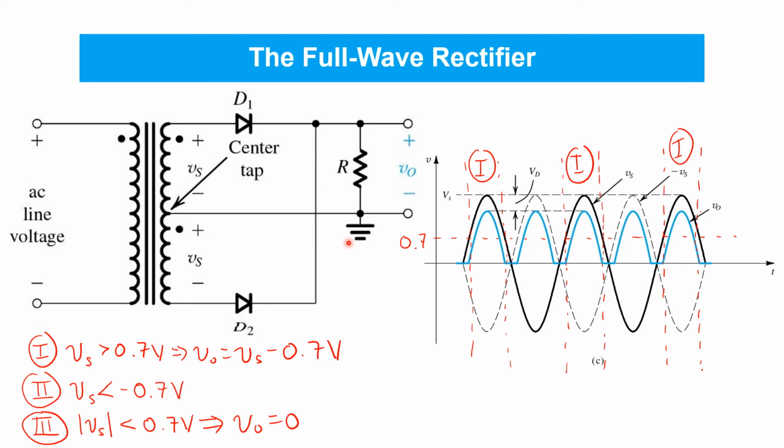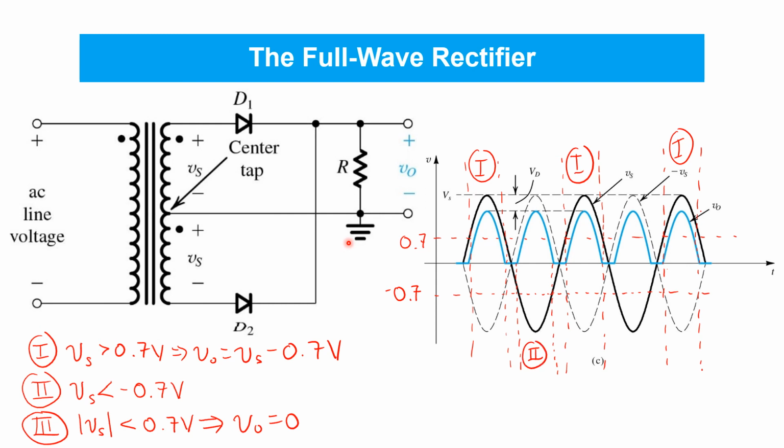The second case of interest is when the source voltage is less than negative 0.7 volts. So that would arise for the first time in this window here. So over here we're in case 2.